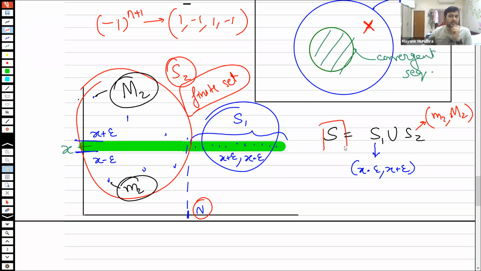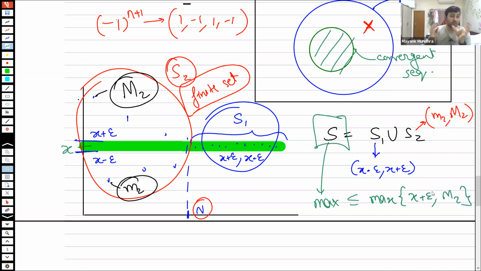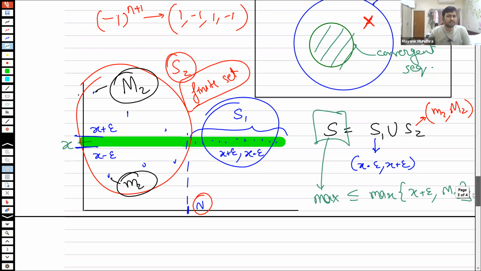So the maxima of the bigger set S, which is the combination of all these elements, will always be less than or equal to max of x plus epsilon comma M2. So there are two sets. I suppose I just give you two sets.